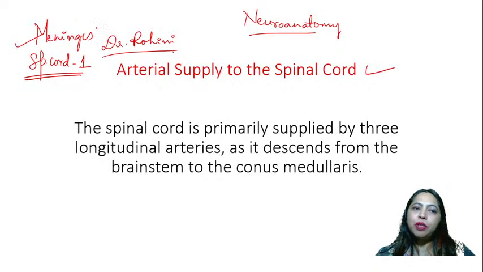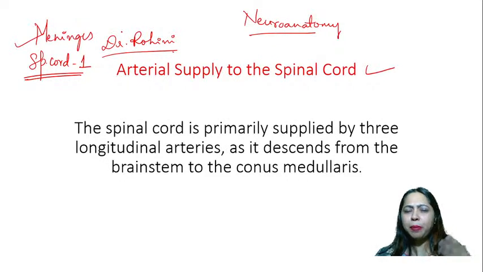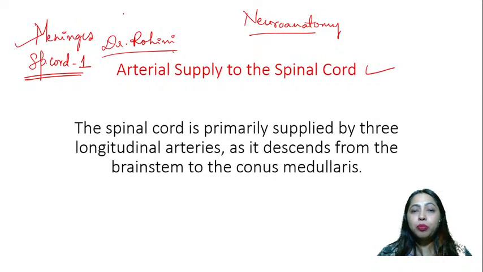In the meninges class, we spoke about the arachnoid, dura mater and the pia mater, and the processes that arise from the dura mater, the various modifications: the falx cerebri, tentorium, and the falx cerebelli, and the dural venous sinuses that are held between the different processes. So all that was done in the class on meninges.